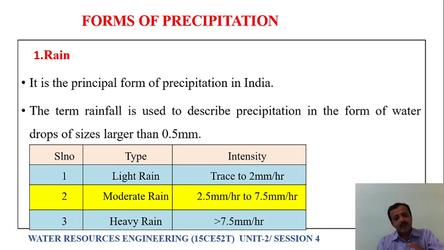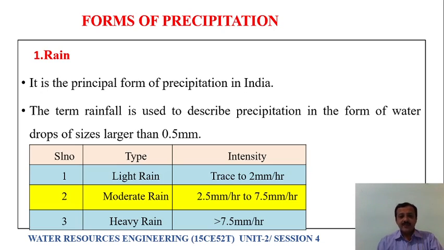Whenever the entire water gets collected on the earth's surface in a unit time, we call it intensity. It may be millimeter per hour or centimeter per hour or millimeter per minute, centimeter per minute. Usually we express the intensity as millimeter per hour.